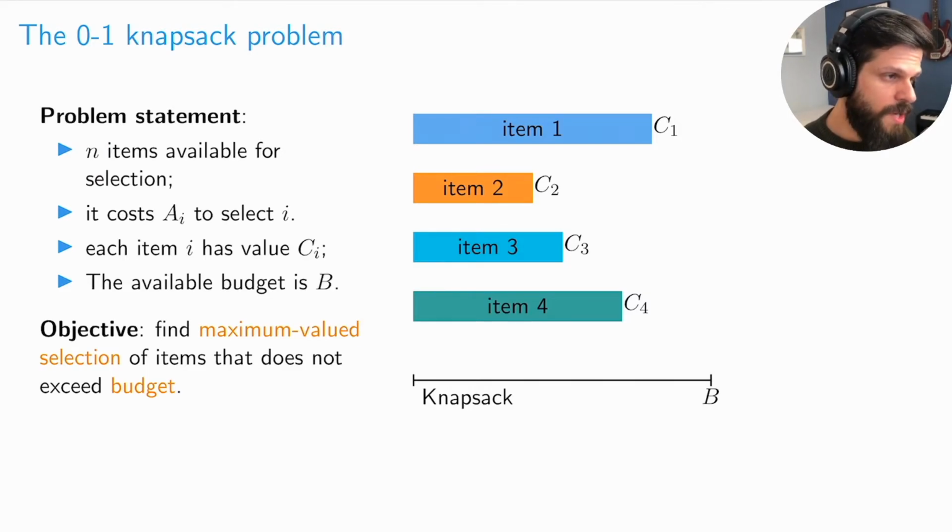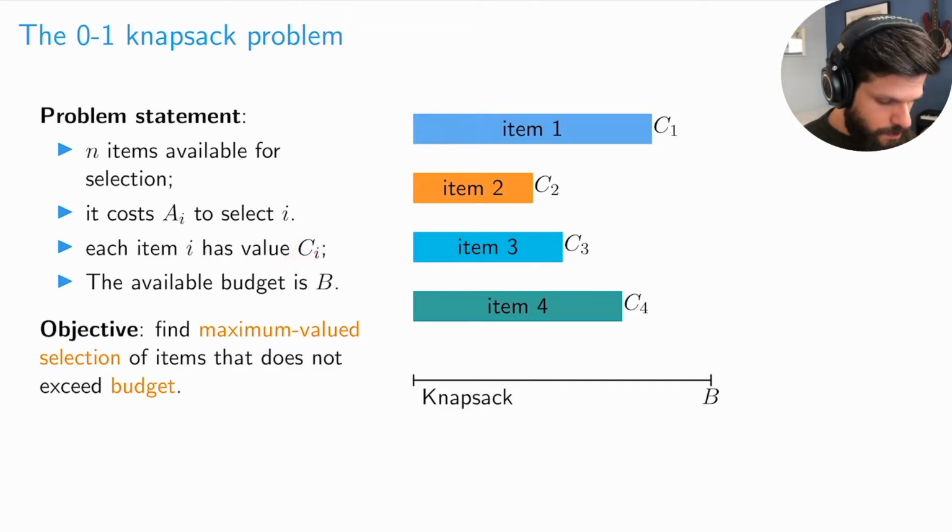And there are two things we have to consider when we select an item. The item has a cost for being selected, which I have to take into account considering a budget that I can spend. And each item also has, in terms of a trade-off, a value associated to it.